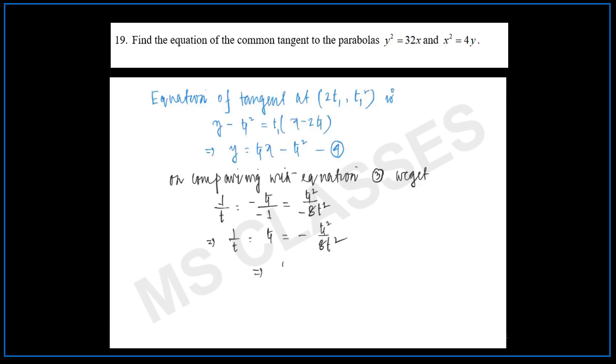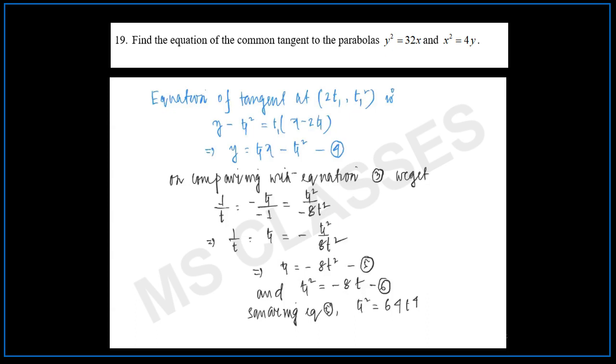From this, one equation gives us t1 equal to minus 8t square, which is equation 5, and t1 square equal to minus 8t, which is equation 6. Now squaring equation 5, we get t1 square equal to 64 t to the power of 4.